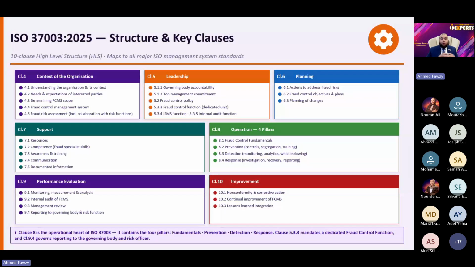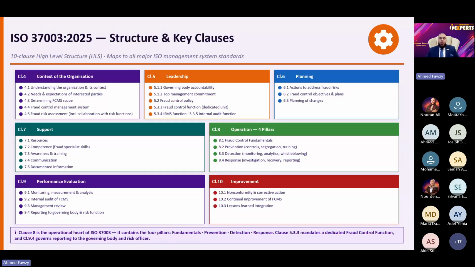Yes, you saw this before because it is the same HLS, high level structure, with 10 clauses, and the controls may be included or annexed according to the ISO. In other words, you can use the management systems that you already have and apply this great fraud control management system above them.